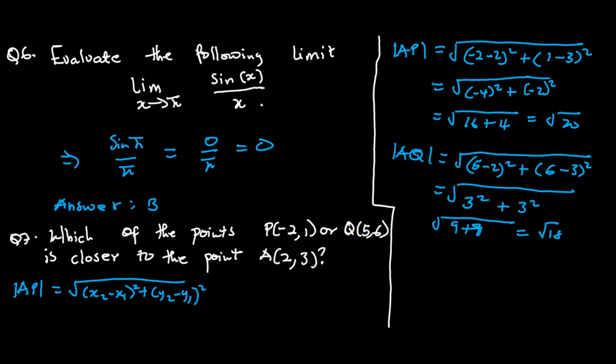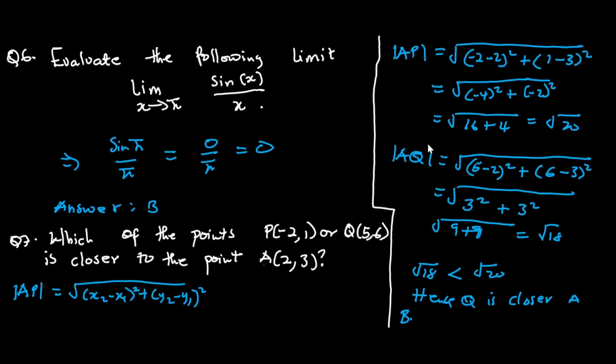So now, root of 18 and root of 20, we know that root of 18 is less than root of 20, hence Q is closer to A than P. So the distance for that one is root 18, and our answer is B, where it says point Q is closer because its distance is root of 18. Okay, so that is that for question 7.